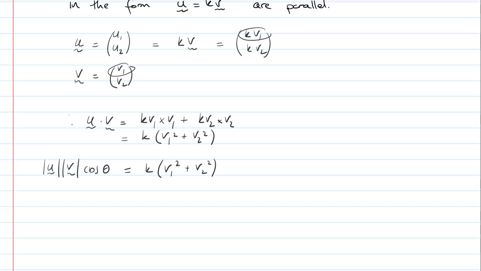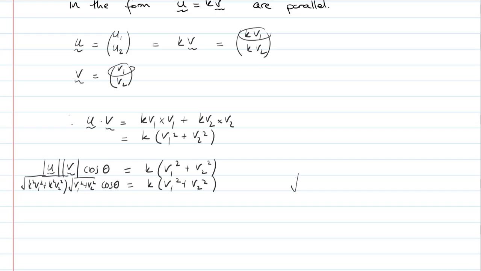But what I'm going to do again is do my magnitudes, where I say the magnitude of u is the square root of k squared v1 squared plus k squared v2 squared. And the magnitude of v is the square root of v1 squared plus v2 squared. And then I have cos theta, and that's equal to k(v1 squared plus v2 squared).